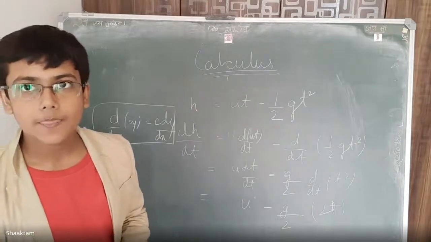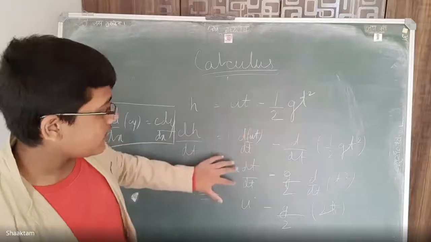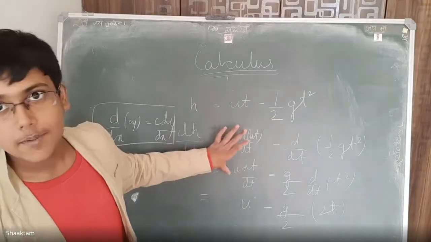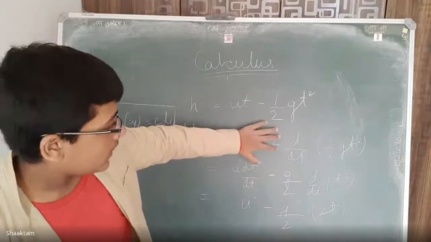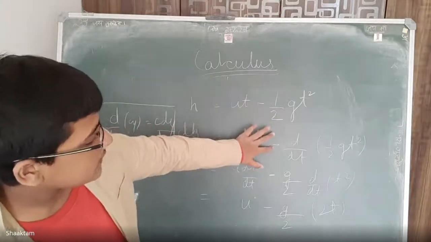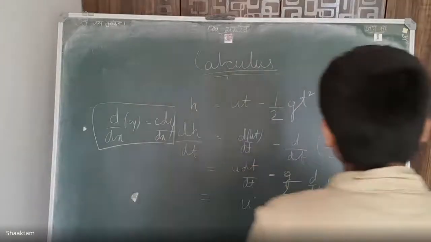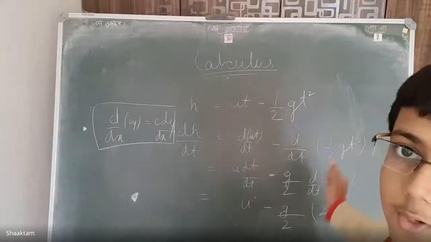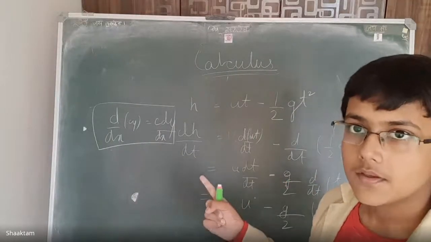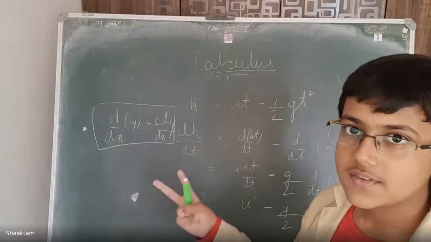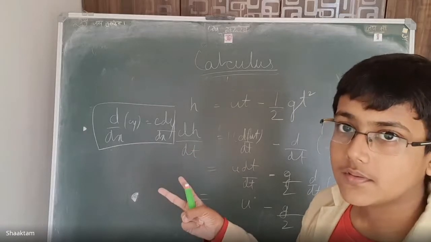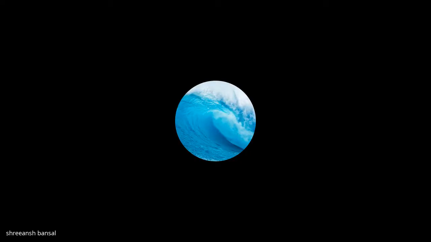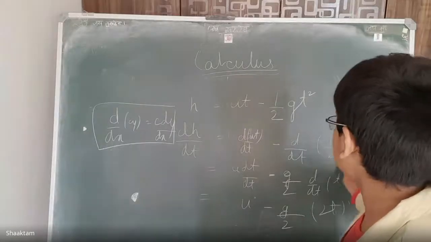Fine. So u of dt by dt for the first part. Now, what you'll do is similarly, g by 2 is a constant, right? The question says that g is to be taken a constant. So minus of half g is also a constant.